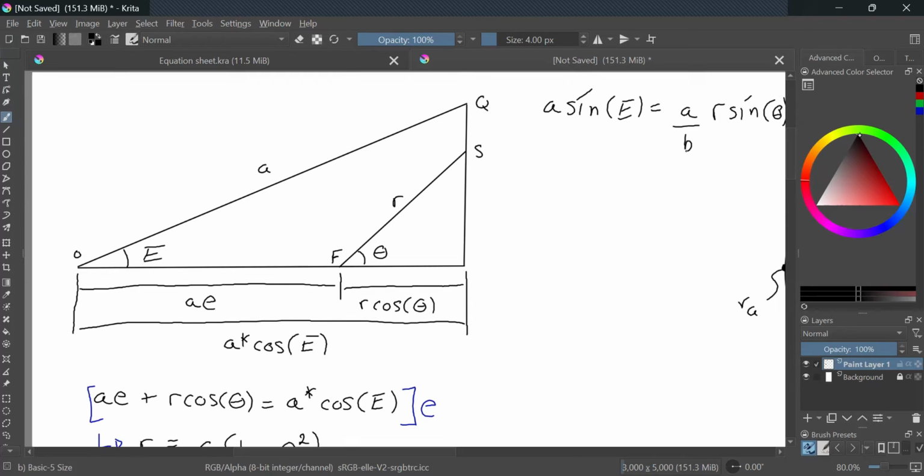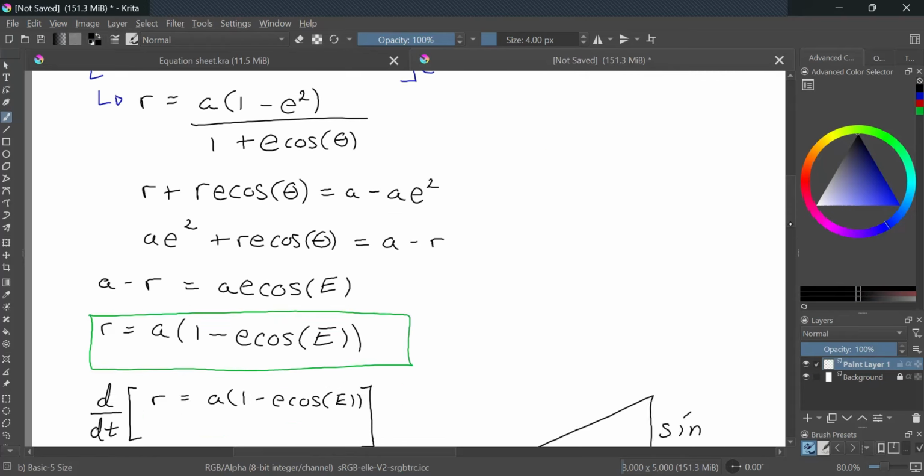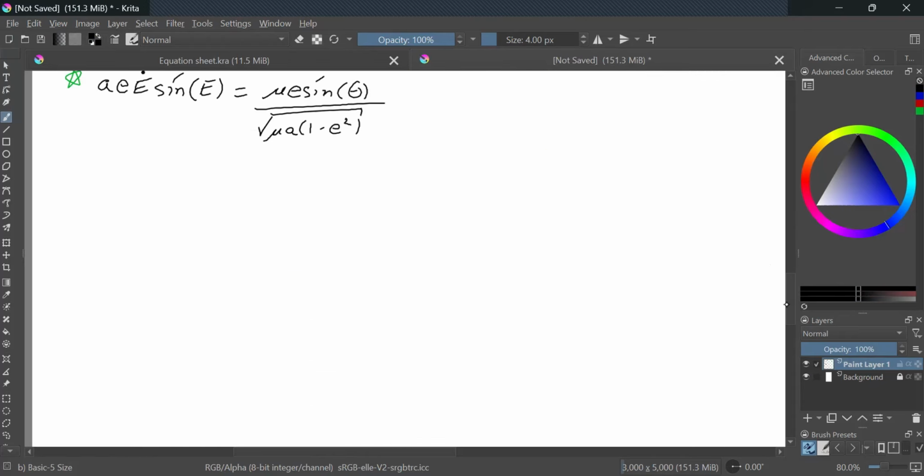And as a reminder, our semi-minor axis is just equal to the semi-major axis times the square root of 1 minus the eccentricity squared. Which means that both semi-major axes will cancel out. I'll just write it down here, because I'm going to need it in a little bit anyway.